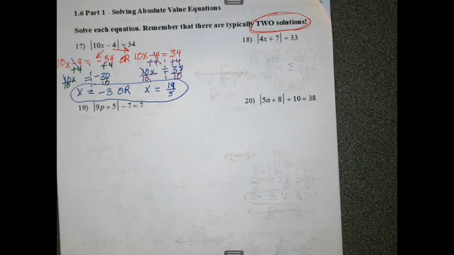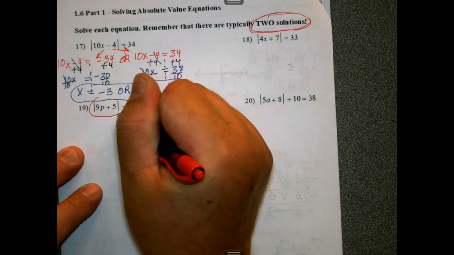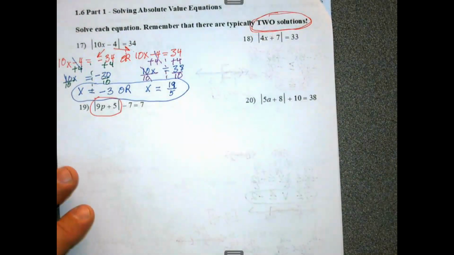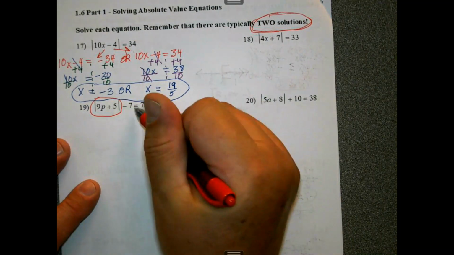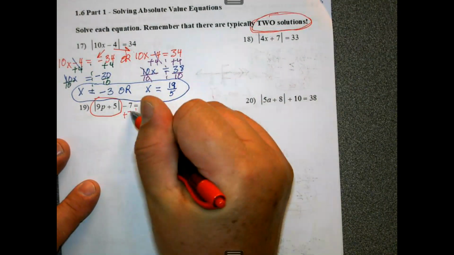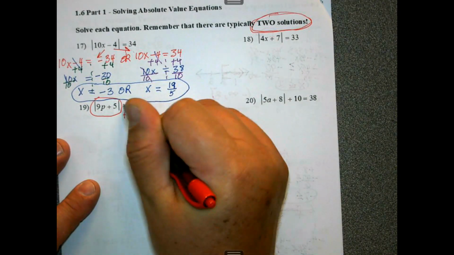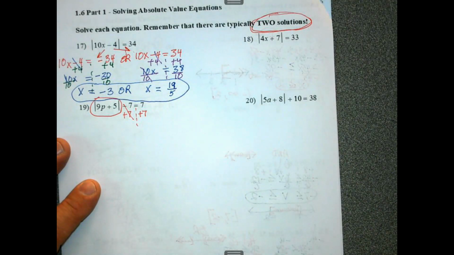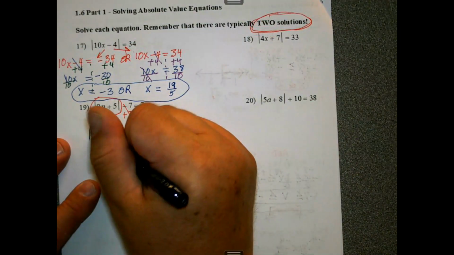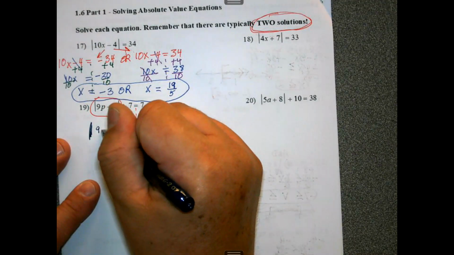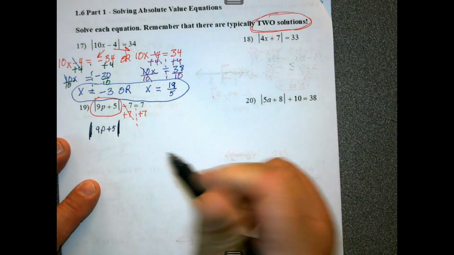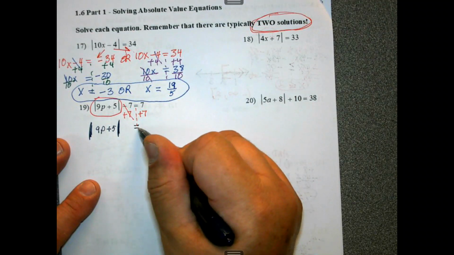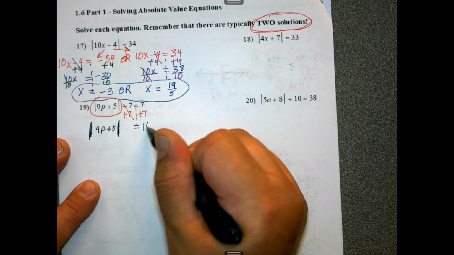Before you can split them up, always make sure your absolute value term is isolated. So you're going to have to add 7 first. So I get the absolute value of 9p plus 5 equals 7 plus 7, which is 14.